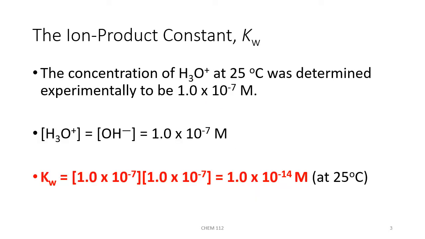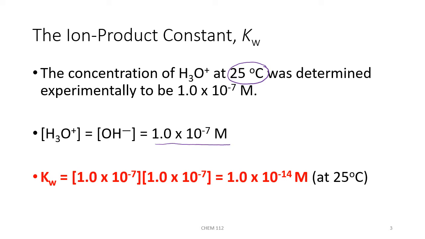The concentration of hydronium and hydroxide present will vary depending upon the temperature. Typically, we assume that we are at a standard room temperature of 25 degrees Celsius. Experimentally measured values of hydronium and hydroxide at that temperature are 1 × 10⁻⁷ molar.